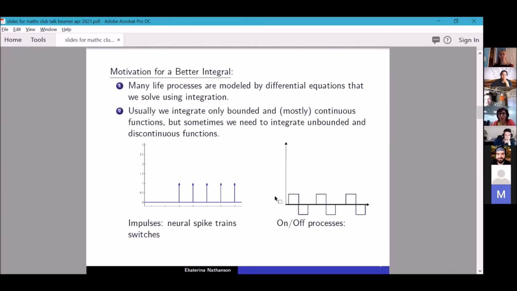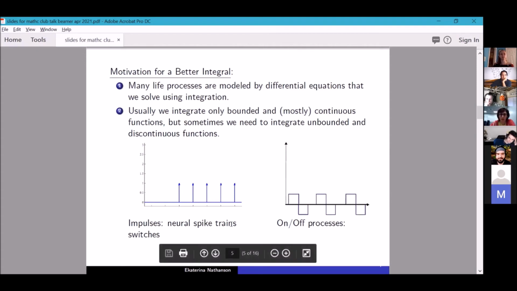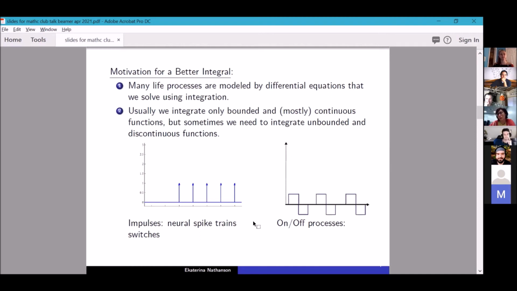Integration is often used to solve differential equations, and many life processes are modeled by differential equations. In real life, there are many good continuous functions, but there are other, not so good functions that have jumps, like an on-off process, some discontinuities or some spikes. We want to have a tool that will allow us to deal with this type of function and maybe some others.